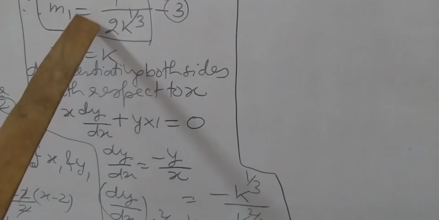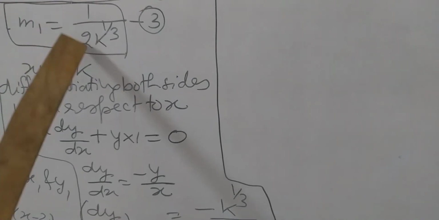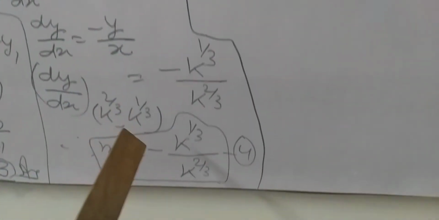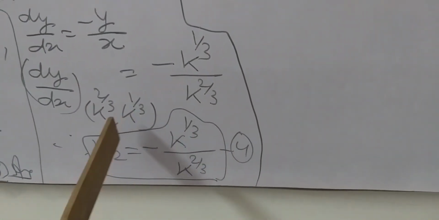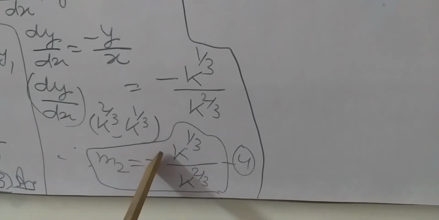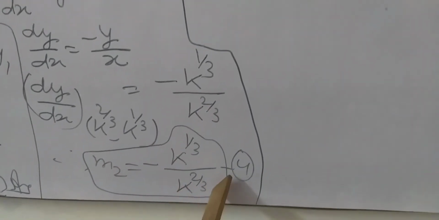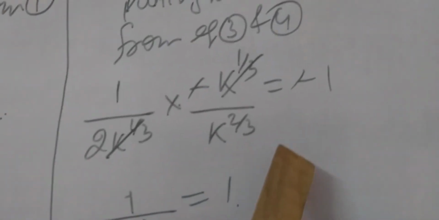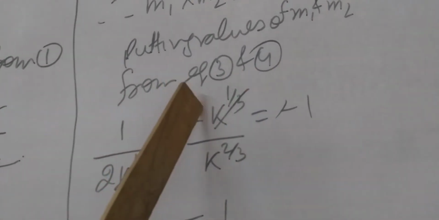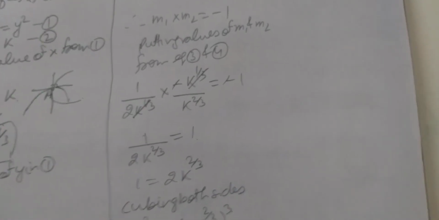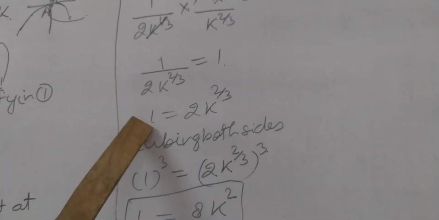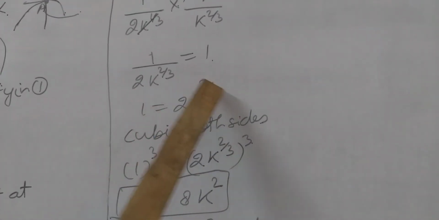At the place of m1 we will write 1 upon 2 k to the power 1 by 3, and at the place of m2 we write minus k to the power 1 by 3 upon k to the power 2 by 3. So k to the power 1 by 3 and k to the power 1 by 3 will be cancelled. This minus sign will be cancelled. So it will be 1 upon 2 k to the power 2 by 3 equals 1. So 1 equals 2 k to the power 2 by 3.